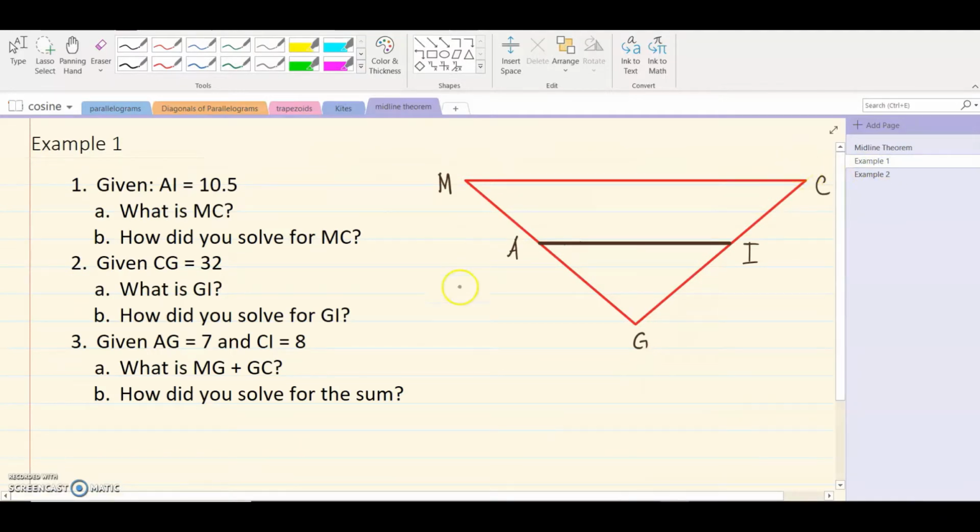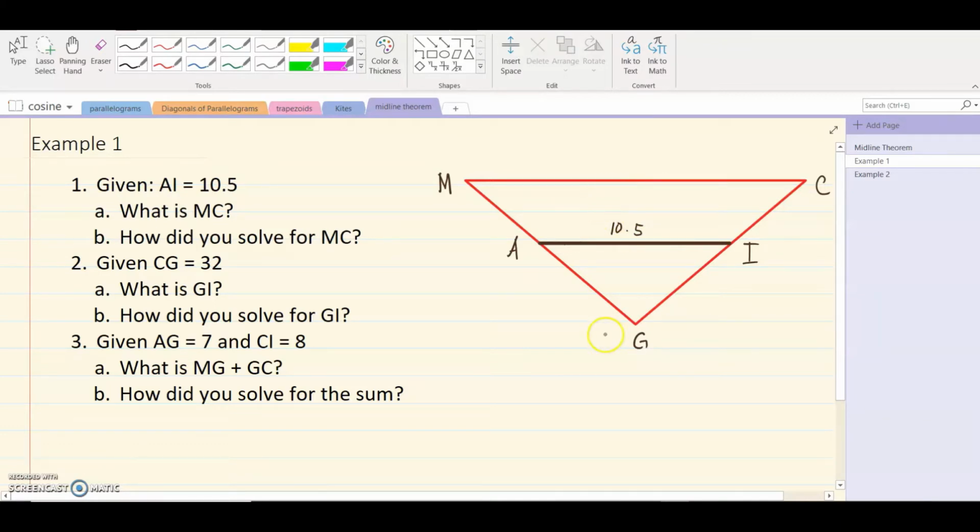So using the same figure, we have triangle MGC with the midline AI. For number 1, we have AI, which is 10.5. For letter A, what is MC?